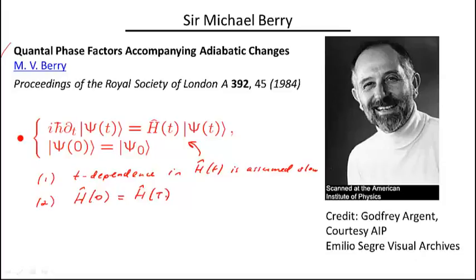And the question that he asked is what happens with the wave function as we get to this moment of time capital T. So what is the wave function at the final moment of time? It turned out, as we will see, that this wave function has a very interesting contribution, a sort of topological or geometric contribution.